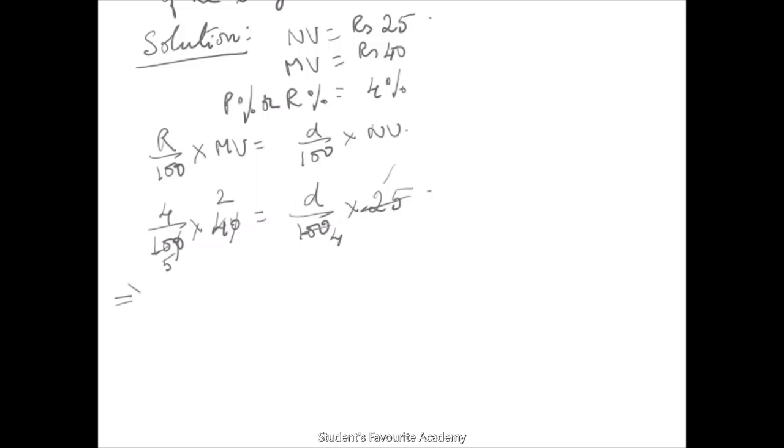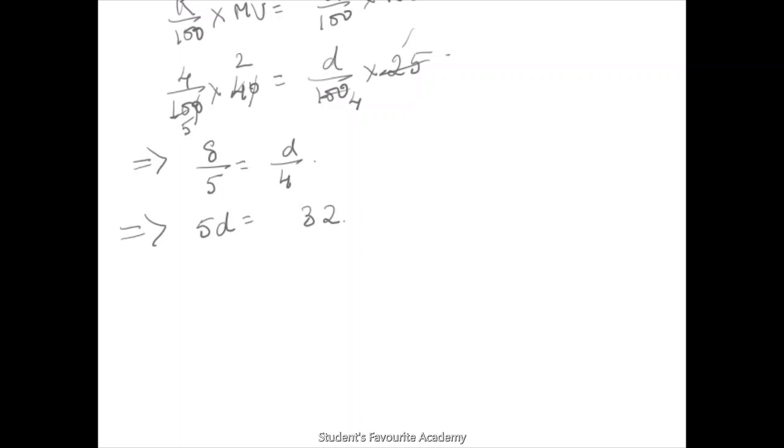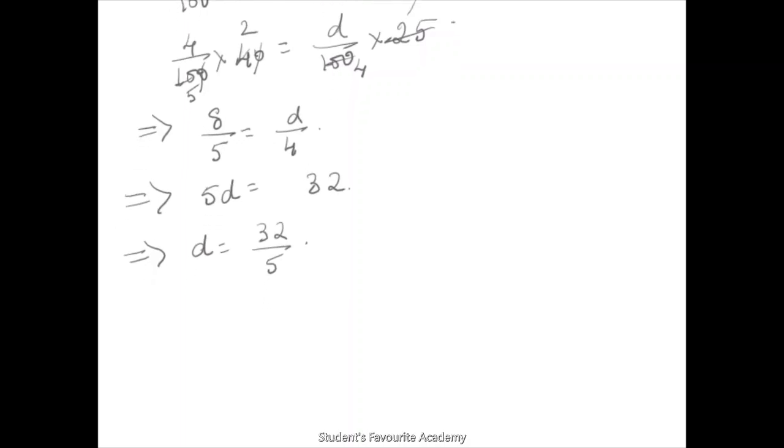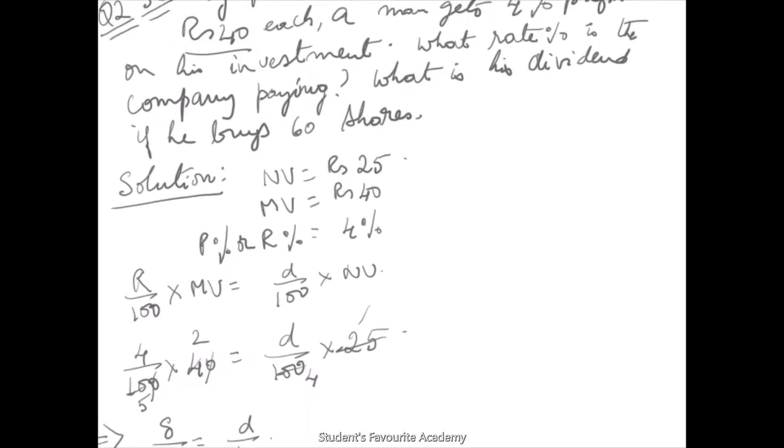So this implies 4 into 2, 8. 8 upon 5 is equal to D upon 4. Right? So this implies 5D is equal to 32. So D is equal to 32 upon 5. So D is equal to 6.4%. That is the dividend percent that they have asked us in one part.